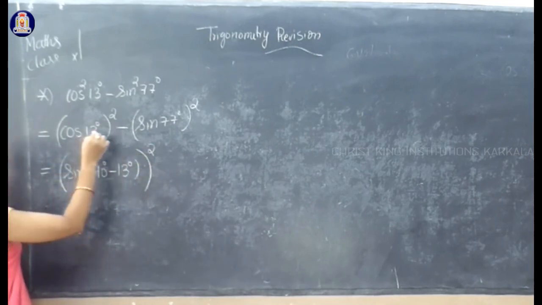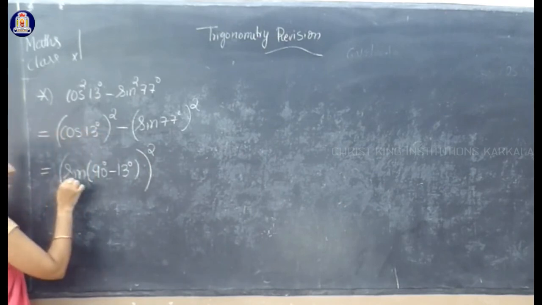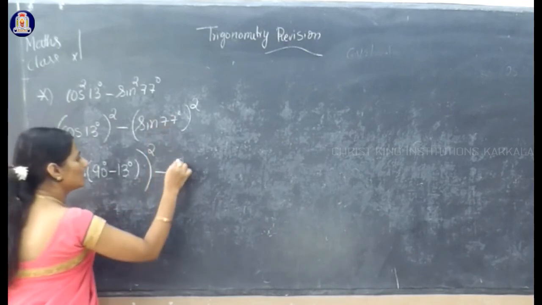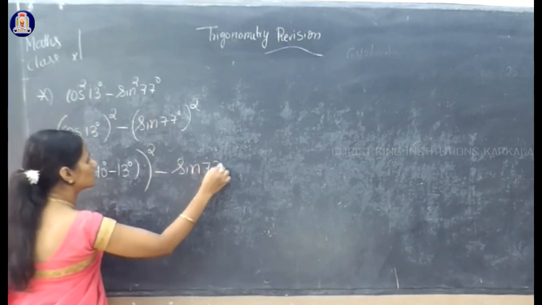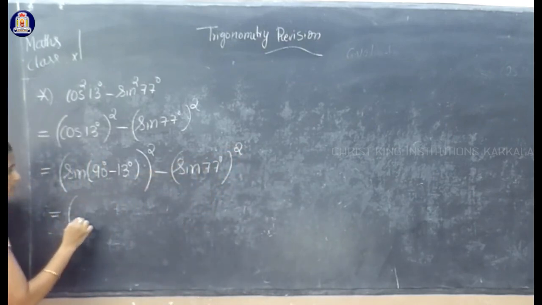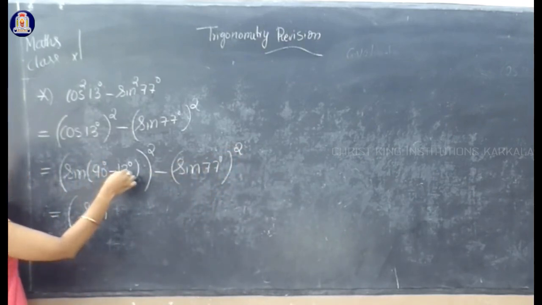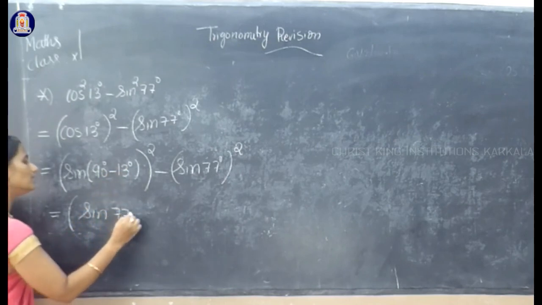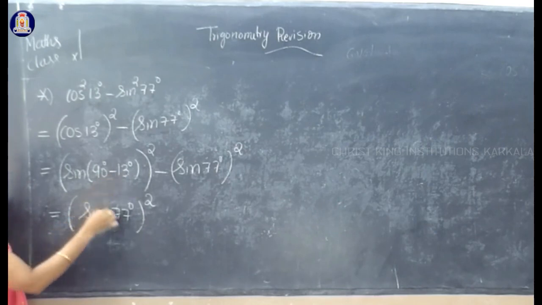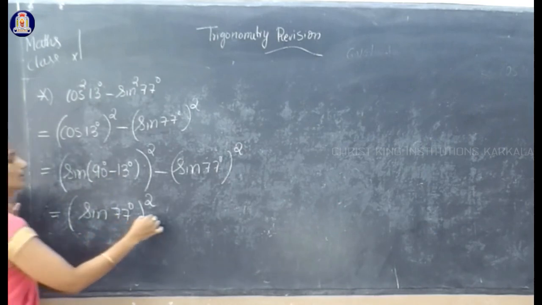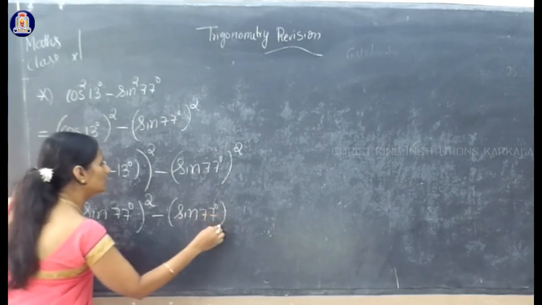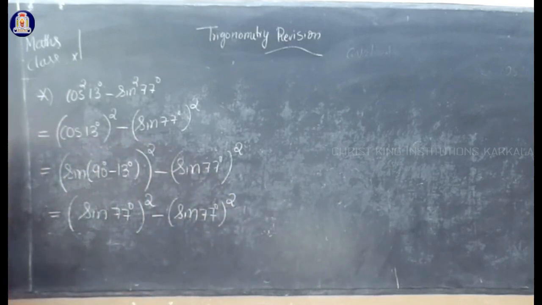Right, now cos 13 I split it as sin of 90 degrees minus 13, minus sin 77 degrees whole square. So that is equal to sin of 90 minus 13, which is 77, whole square, minus sin 77 degrees square.